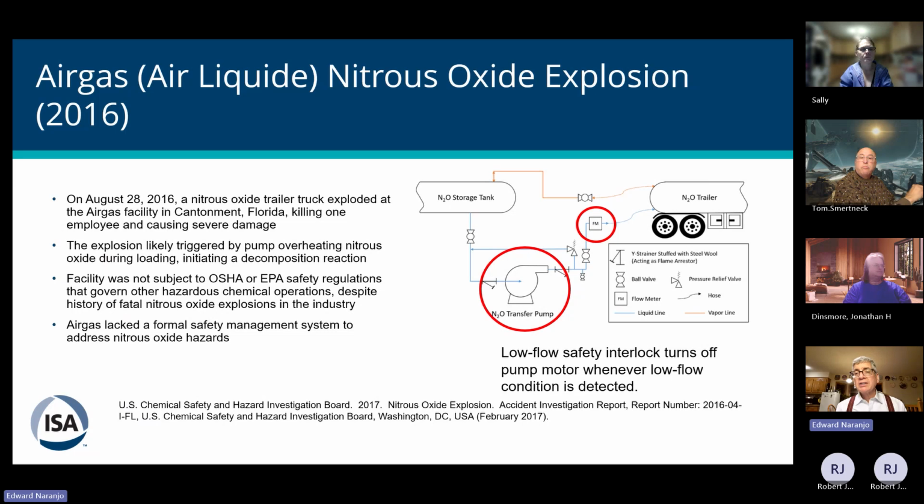N2O is a gas that is both toxic and explosive, and it is used throughout several different industries. It is used as an anesthetic agent, for example, in the healthcare industry. It is also used as a ripening agent in food and beverage. And as a result, it just has quite a bit of uses.